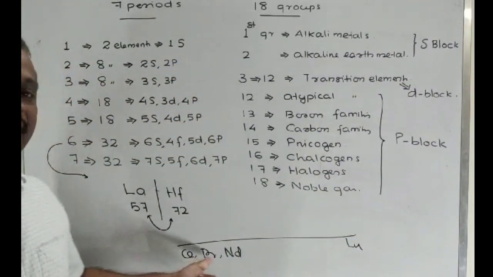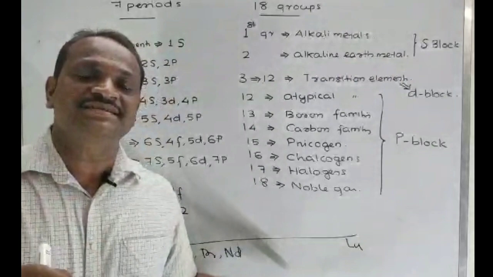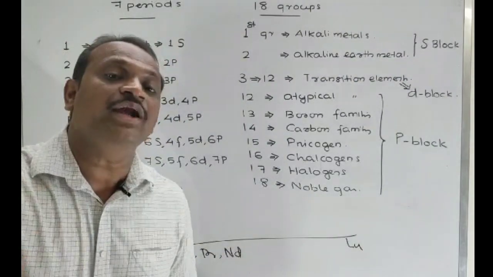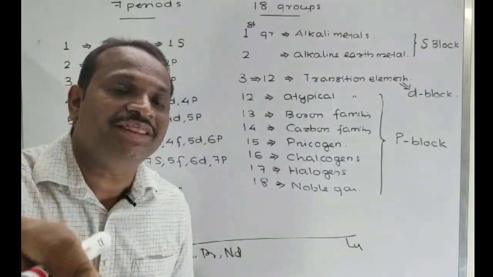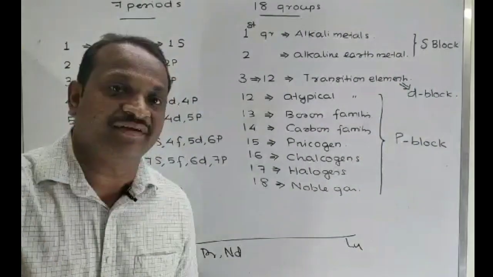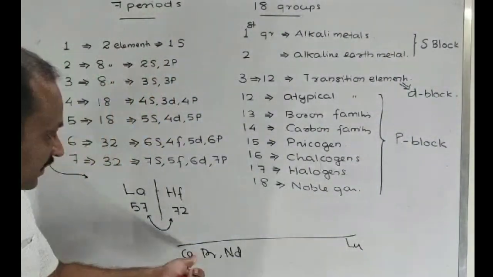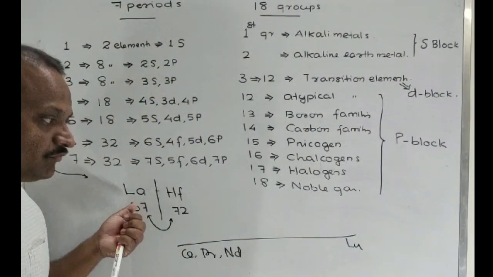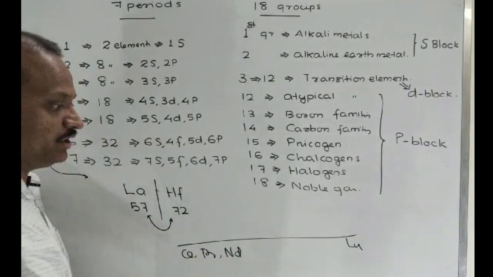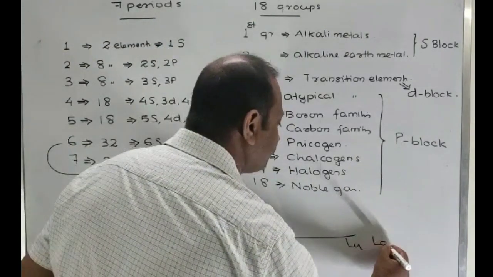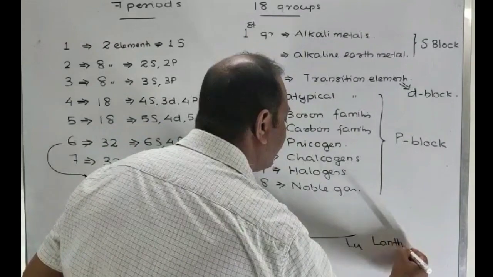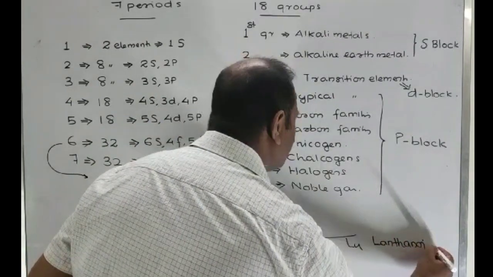In these elements, electrons are entering into the F orbital, so we call these F block elements. This series follows lanthanum, so we call it lanthanoid. So what is this series name? Definitely, we know that it's lanthanoid.